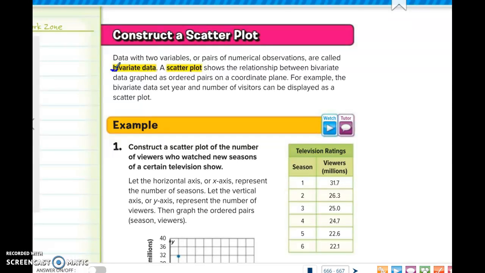Bi means two, bivariate data, so data with two variables. A scatter plot shows the relationship between bivariate data graphed as ordered pairs on a coordinate plane. For example, the bivariate data set for year and number of visitors can be displayed as a scatter plot. Okay. In example 1, we are going to go through.